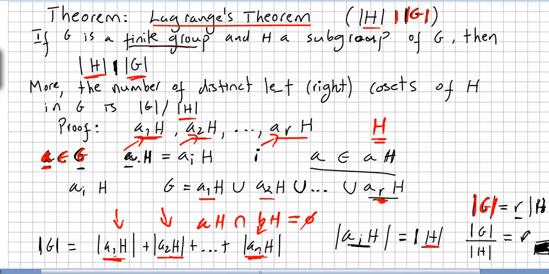This was supposed to be R, right? Yes, I changed it to R. So the order of G will be the order of H, R times. Okay, so the order of G divided by the order of H gives you R, a natural number.